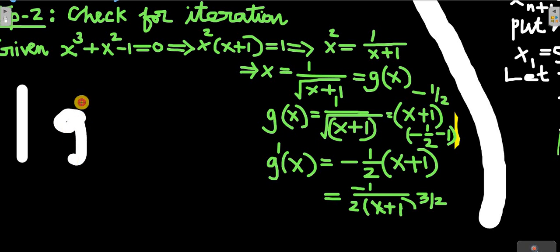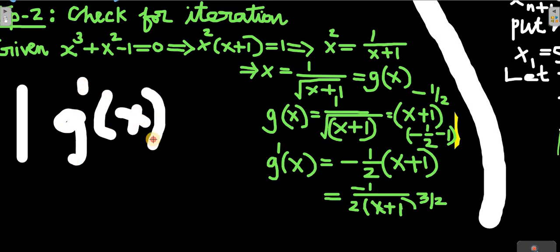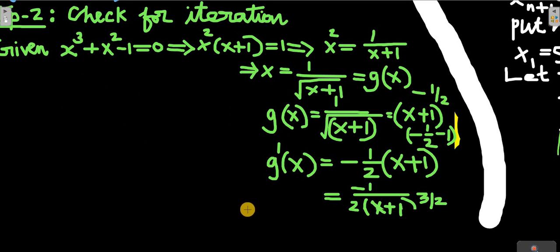Okay, now g dash of x. G dash of x is less than 1. That's what we have to prove. And wrongly I said that previously, absolute value of g of x must be less than 1.